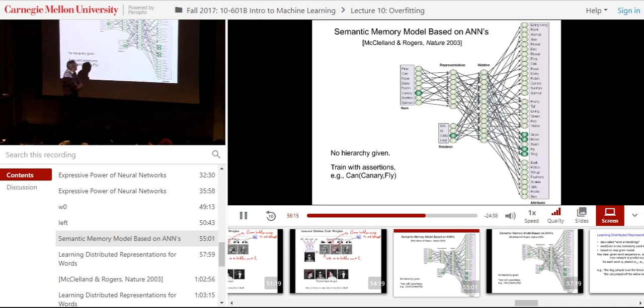I find this network interesting too because it gets at how networks might actually encode relational triples. They have a relation that relates an item to an attribute, and they train it so that you give the relation and the item as input, and then it outputs the attribute.